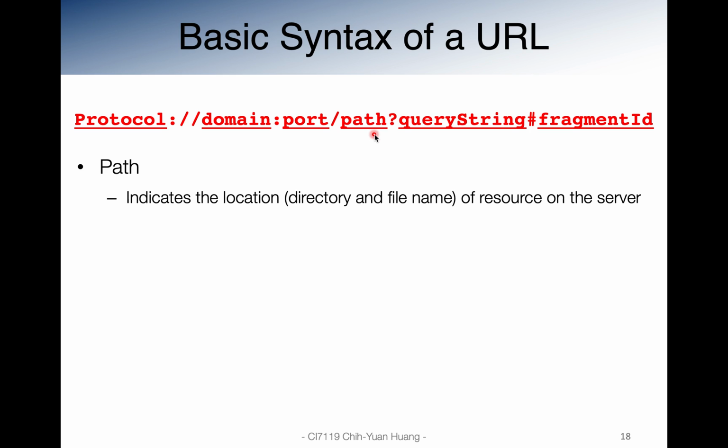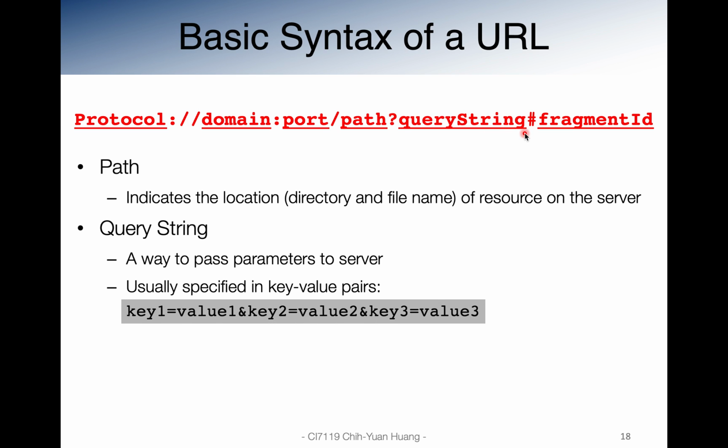And then after the resource path, as you can see, the next part is the question mark. So you can put a question mark over here, and after the question mark is what we call the query string, and the query string is actually a way to pass parameters to a server.